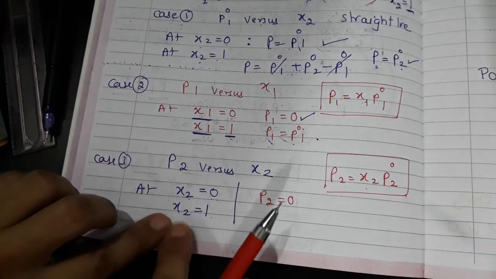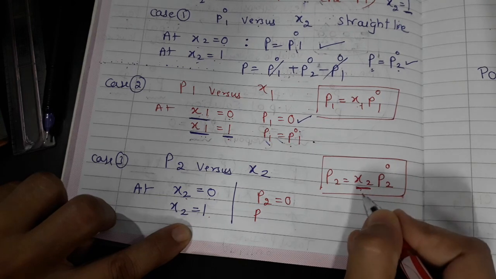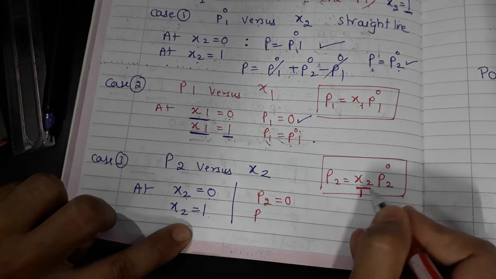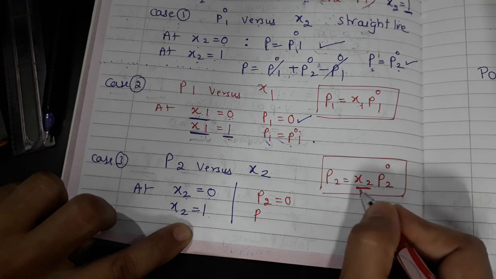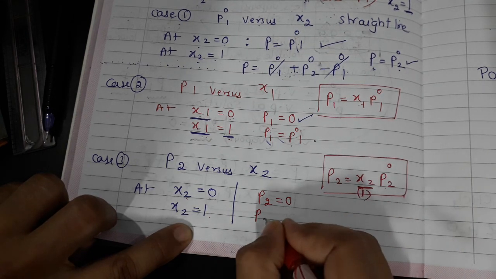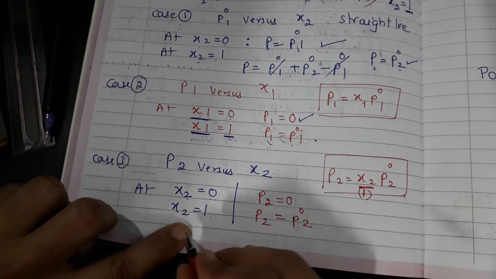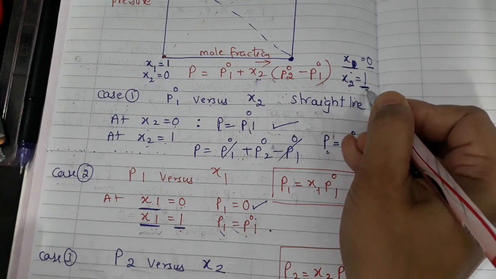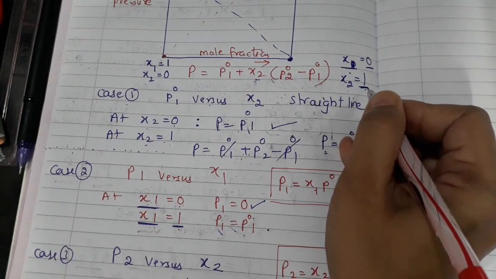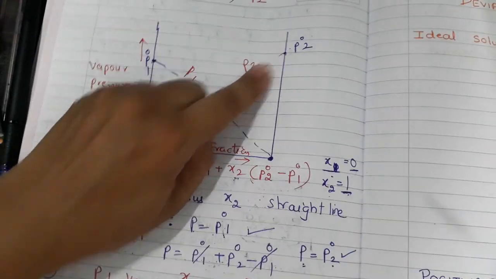Now when x2 is 1, 1 into P02 is P02 itself. So substituting 1 over here, you will be getting P2 is equal to P02. So when x2 is 1, P2 is P02. Already we have written here P02.